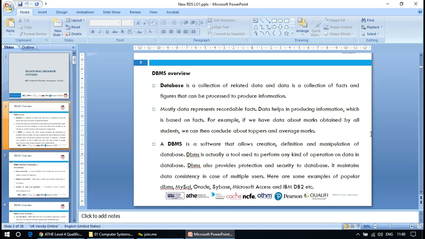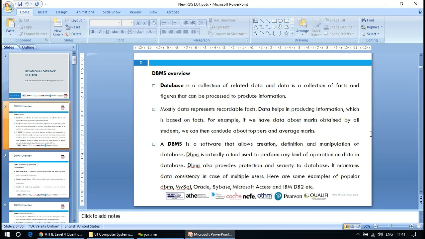A database management system is actually a tool used to perform any kind of operation. The tool allows you to operate on the data very well in different ways.